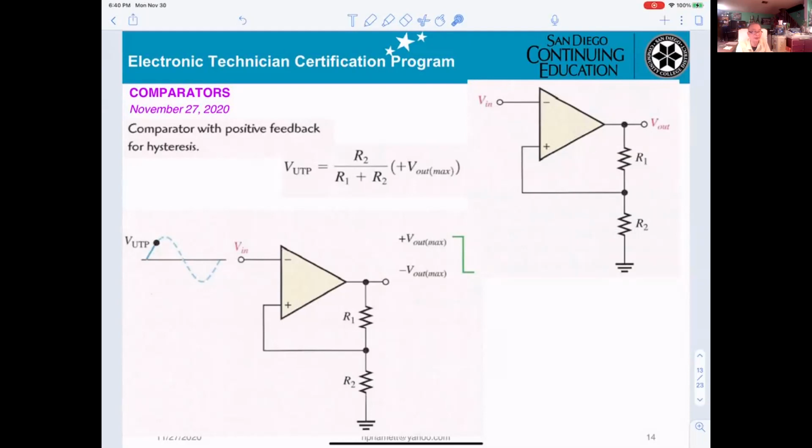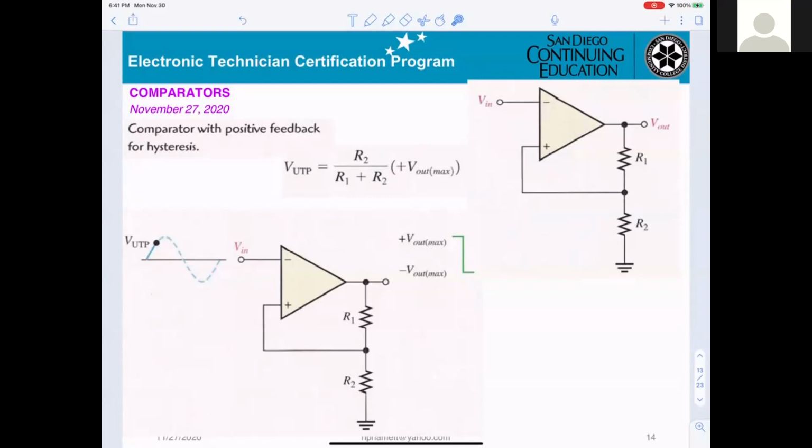But in this case, they're not grounded. So is it a follower? No, a follower doesn't have a gain, and doesn't have an R1, R2. Common source? No. This is a comparator. They look like the non-inverting.